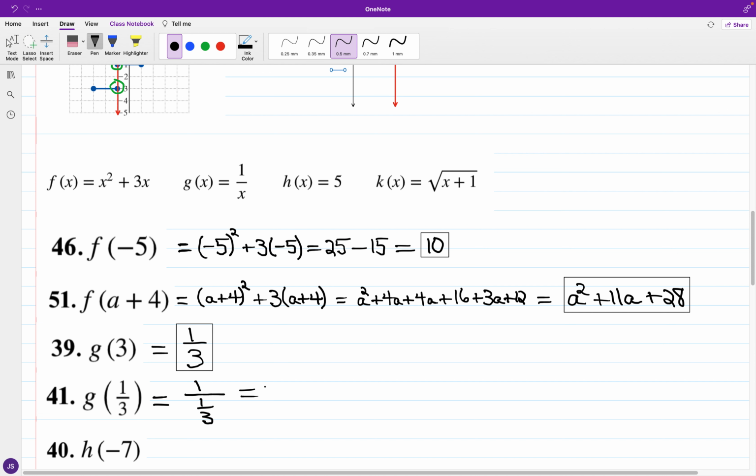If I'm dividing by a fraction, it'll be the same as multiplying by the fraction's reciprocal. So 1 divided by 1/3 is the same as 1 times 3 over 1. The reciprocal of 1/3 becomes 3.